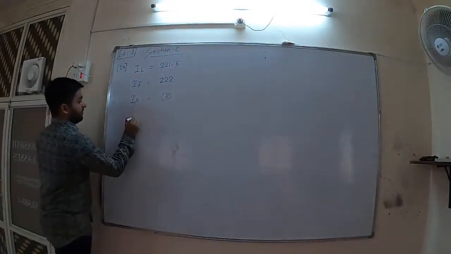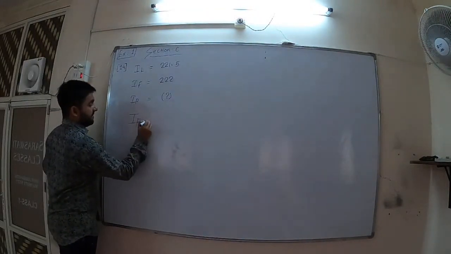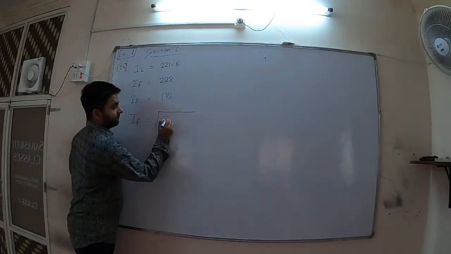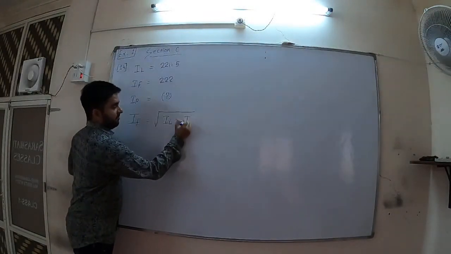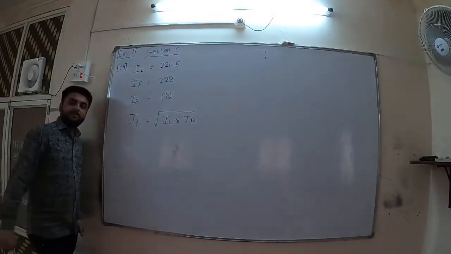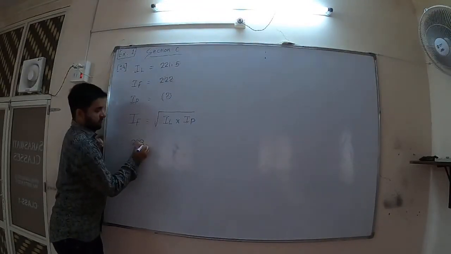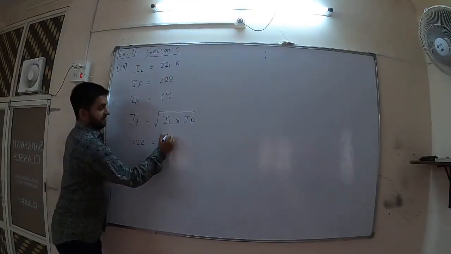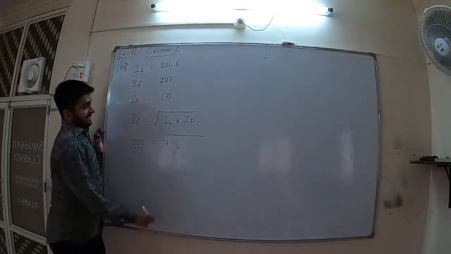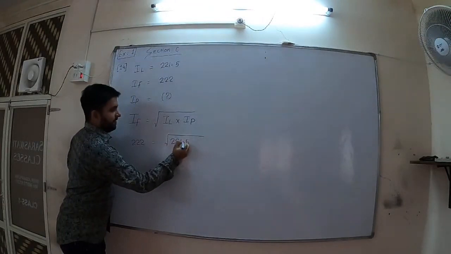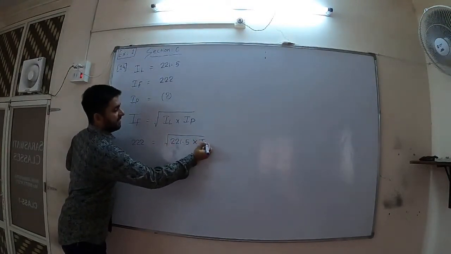Now Fisher's index IF is equal to square root of IL into IP. Friends, IF is given as 222, is equal to square root of IL, which is given as 215, multiply IP.